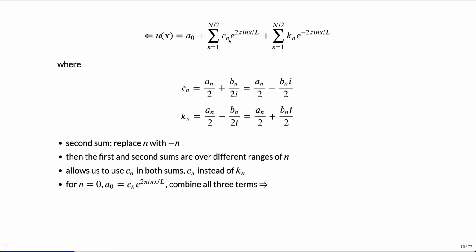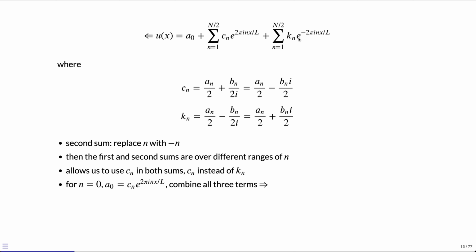First of all, we've defined coefficient Cn as shown here, and coefficient Kn as shown here. So this relates these coefficients back to the coefficients of the cosine and the sine. Now, we want to make this a single sum, but we can't do that because the sums are over the same n, but they've got different signs for the exponentials, so we can't do it.